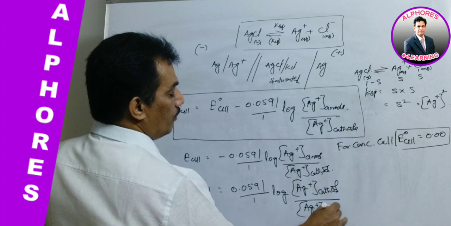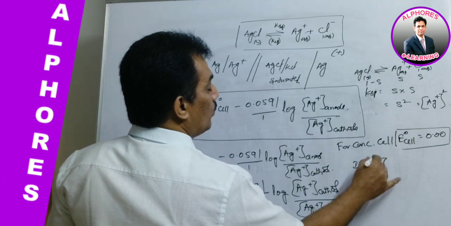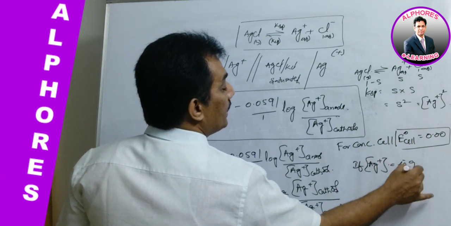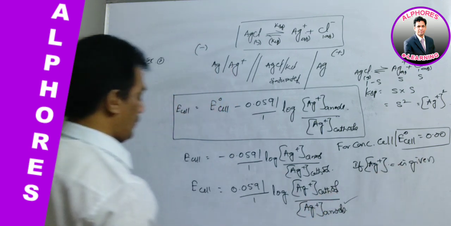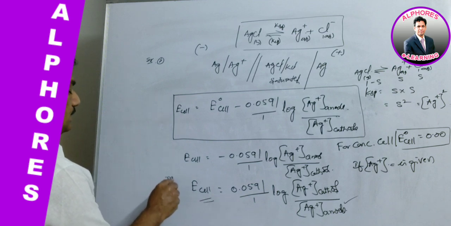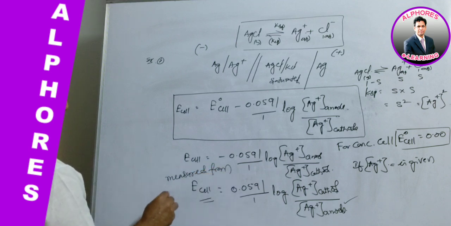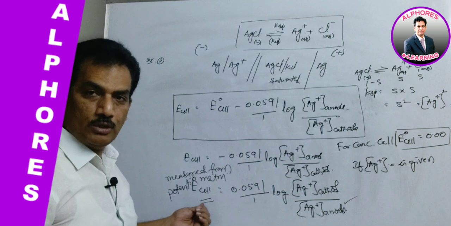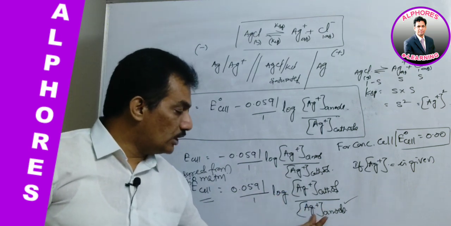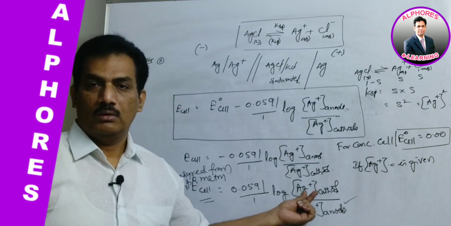And if the Ag plus anode concentration is given, and E cell is measured, for example from potentiometry, then we can calculate Ag plus cathode, is it not?